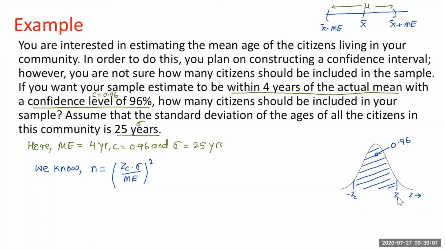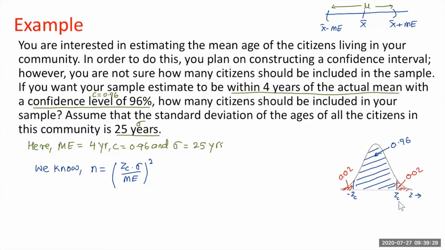In order to find this z sub c, I need all the area to the left of it, but we are missing the area in the tail. This is 96%, so the remaining 4% is divided into two tails. 4 divided by 2 is 2%. So this area is 0.02, and the equal area here by symmetry is also 0.02. So the area on each tail is 0.02.